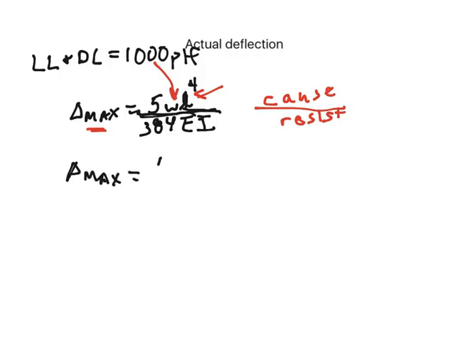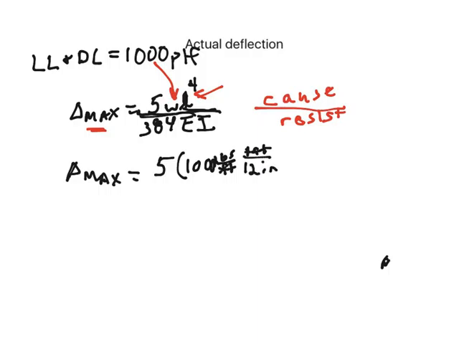Our delta max is equal to 5 times 1,000 pounds per foot. First of all, I need to get 1,000 in there, but I need to convert this into pounds per inch. So I'm going to multiply by 1 foot divided by 12 inches.